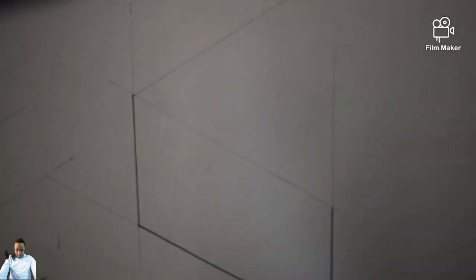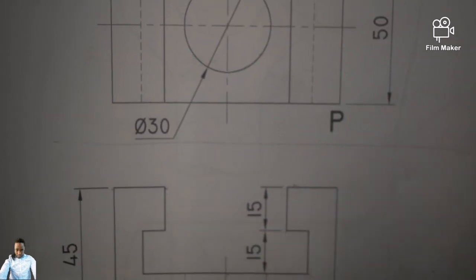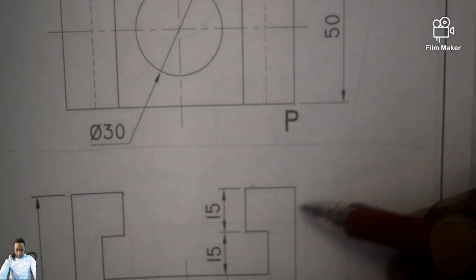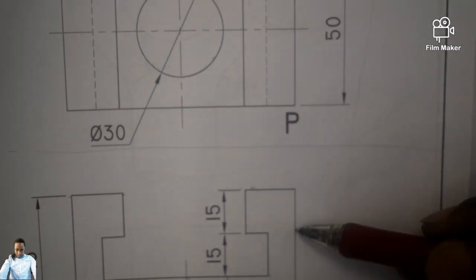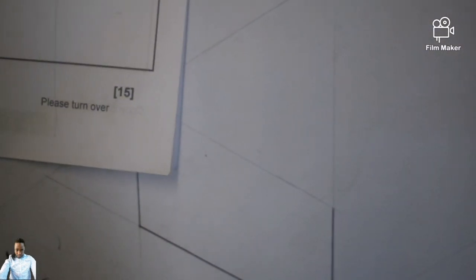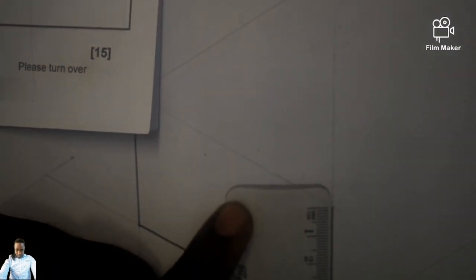Then from point P going up, dark, not because I'm favoring it, it is actually dark, from there till there. Okay, so now where your 45 ends, to go back down to point P, we've got 15 millimeter and 15 millimeter. You understand? Remember the scale is 1:1, isn't it?